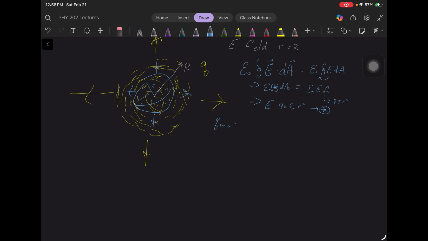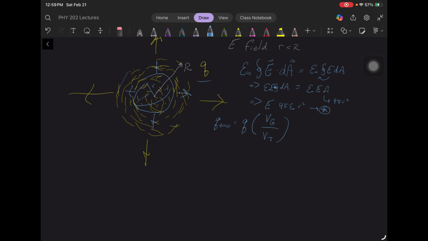If our Gaussian surface occupied the whole sphere of charge, then we would just have Q. But we're going to have Q times the volume of our Gaussian surface divided by the total volume, right? The volume fraction we occupy is the volume fraction of charge we get.